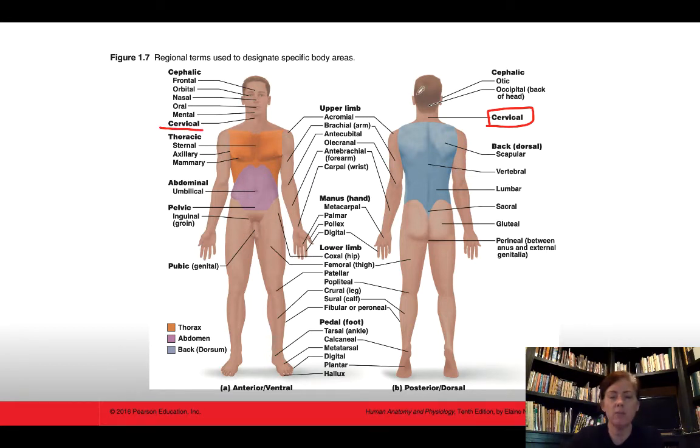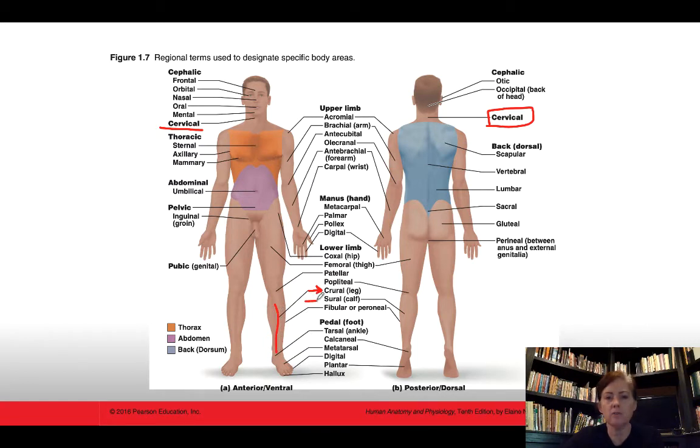You do need to go through these. A lot of these are going to be terms that you're familiar with, like orbital means eye, nasal means nose, that sort of thing. Some of them you may not be familiar with, and you may just have to go through it. But a couple that we need to talk about here: we have crural, and that means the front of the leg, kind of like your shin bone.